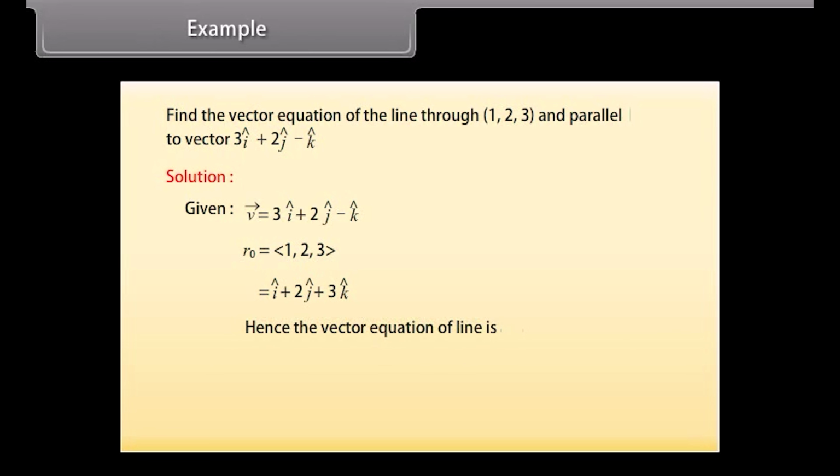Hence the vector equation of line is r equals i plus 2j plus 3k plus t(3i plus 2j minus k) equals (1 plus 3t)i plus (2 plus 2t)j plus (3 minus t)k.